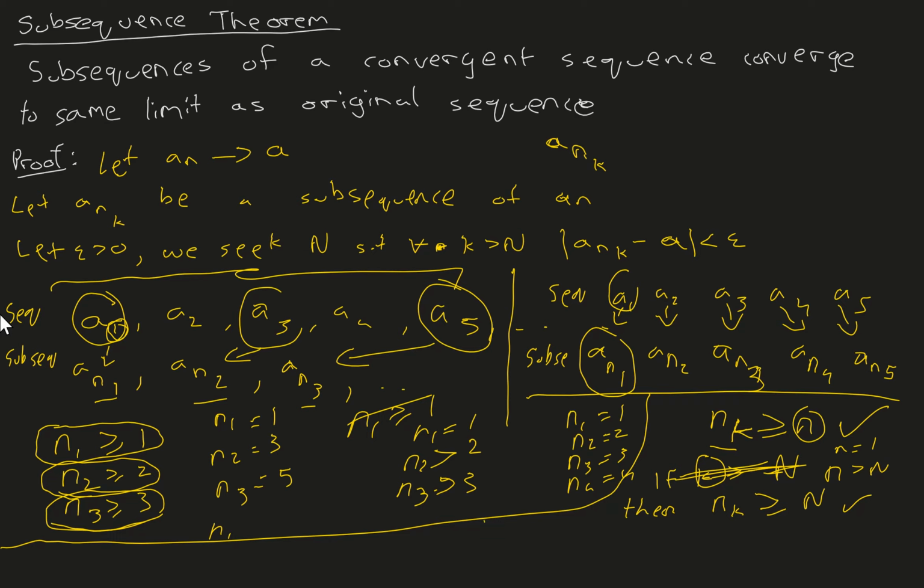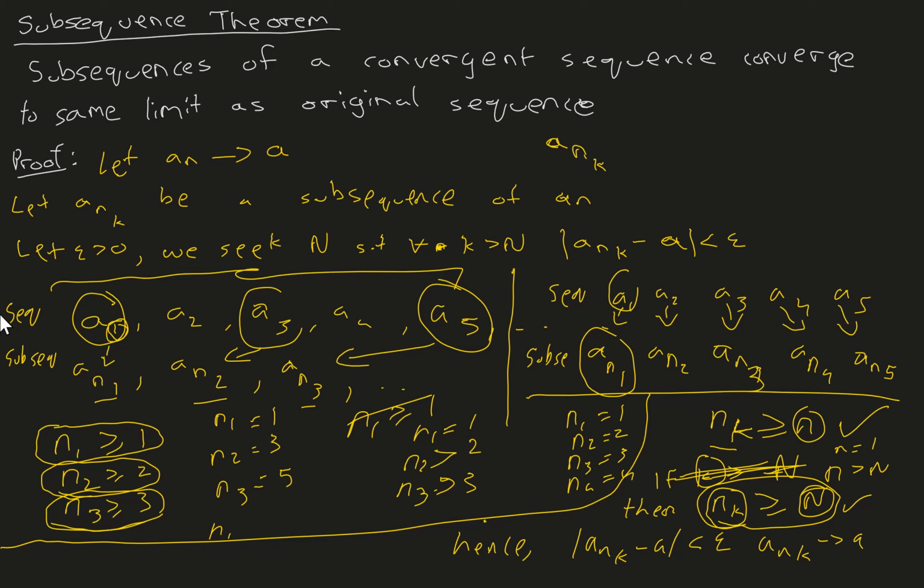So we get, hence, |a_nk minus a| is less than epsilon. Therefore we get that a_nk also converges to a when nk is greater than or equal to N. And this N is what we get from the original sequence, and this nk is the subsequence.